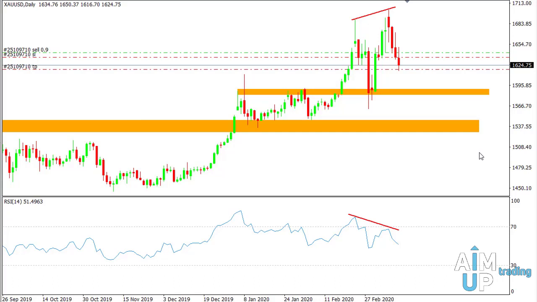We guaranteed it when we moved our stop loss, and the price is really close to our take profit anyway, so we prefer to take our profit. And actually, while we were talking, the price hit our take profit, so that's pretty good.